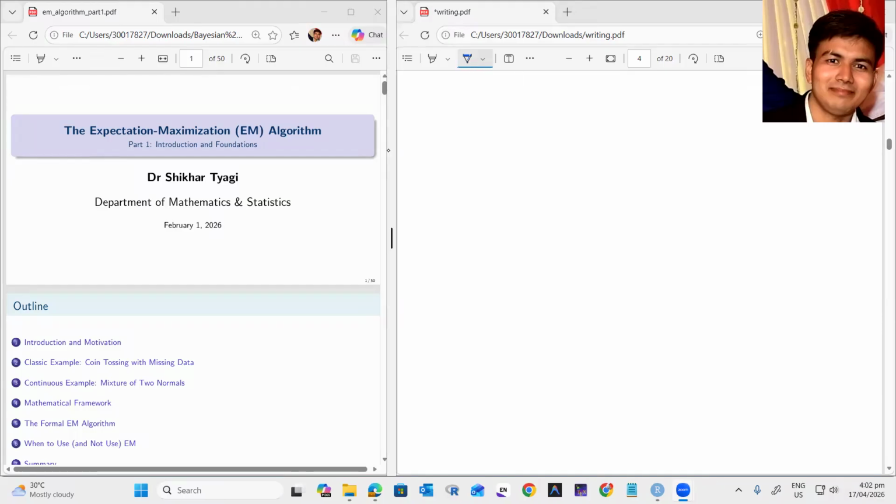The E step formula was: Ti cap at the kth iteration is 1 upon lambda at the kth iteration plus Li minus (Ri minus Li) divided by e raised to the power lambda at the kth iteration times (Ri minus Li) minus 1.